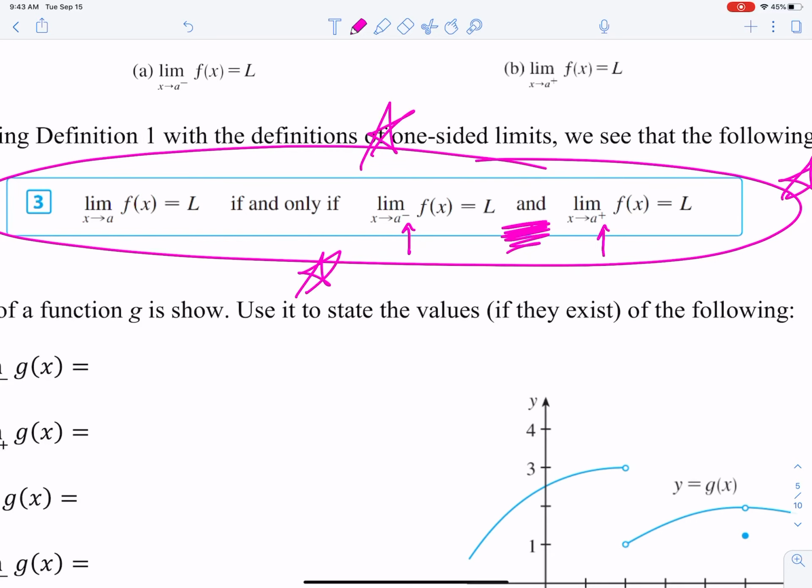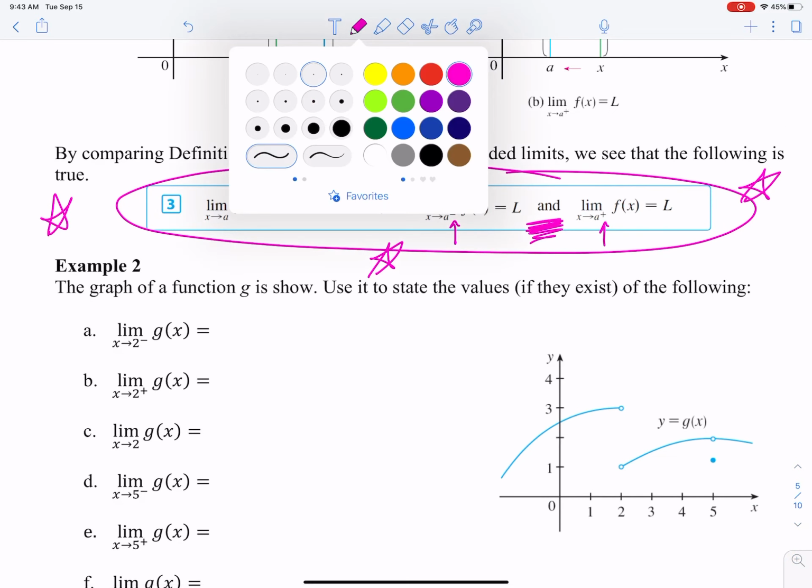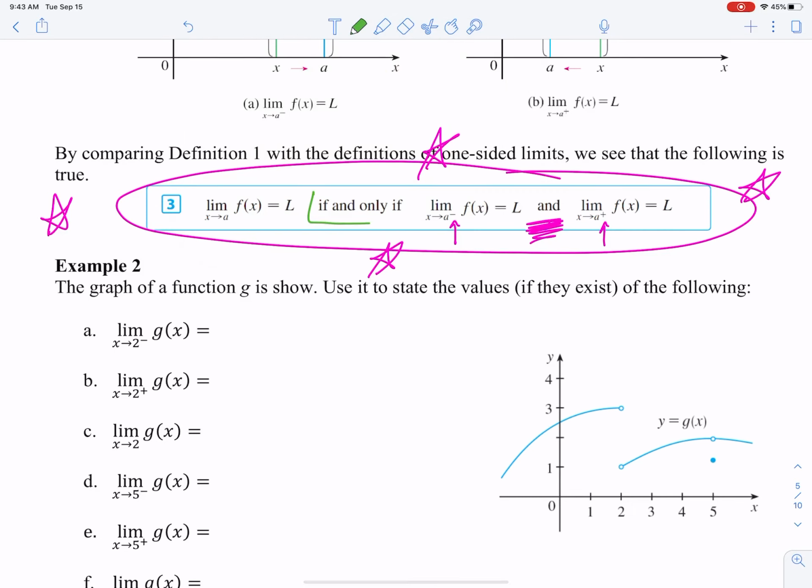Okay? Couple things to this statement here. If and only if, first of all. All right, can't remember if I went over it in this class or not yet, but it's good to hear it again anyway. An if and only if statement means that the statement is valid in either direction.